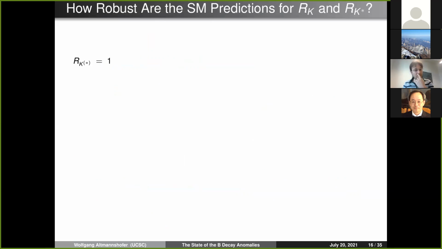Okay, I mentioned that the standard model prediction for Rk and Rk star is pretty robust. So let's just go through the argument why that is the case. At the zeroth order, one expects that Rk and Rk star should be 1. The only difference in those 2 decay modes is the flavor of the lepton in the final state, electrons and muons.